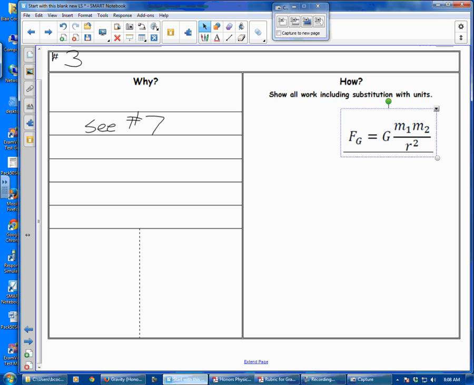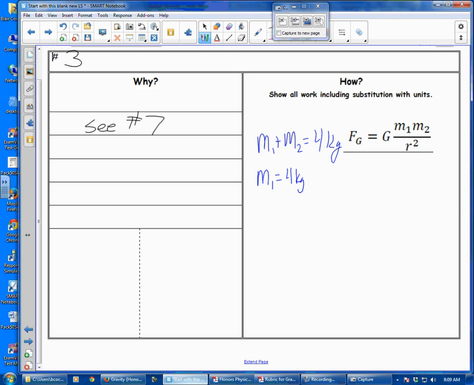The one difference is we're told about the relationship between the masses: M1 plus M2 equals 4 kilograms. I think that's true for everyone. So I rearranged this so I had M1 equals 4 kilograms minus M2.